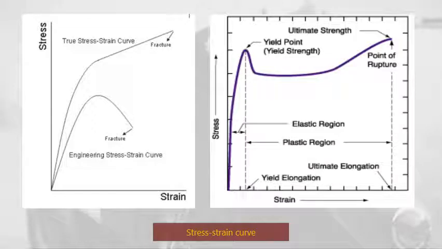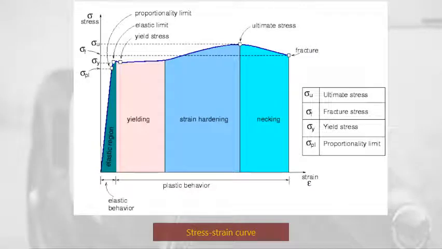So this is the stress strain curve that we also discussed in the nature and characteristics of engineering materials in topic number 2. So we can divide that into the different regions: the elastic region, the yielding region, the strain hardening, and the necking region.